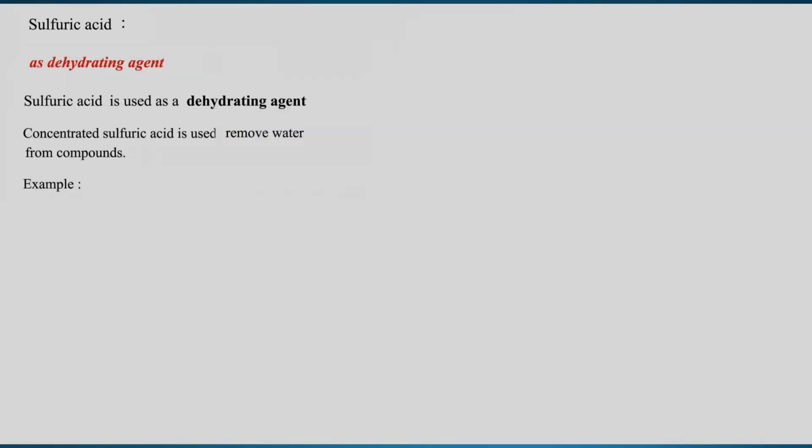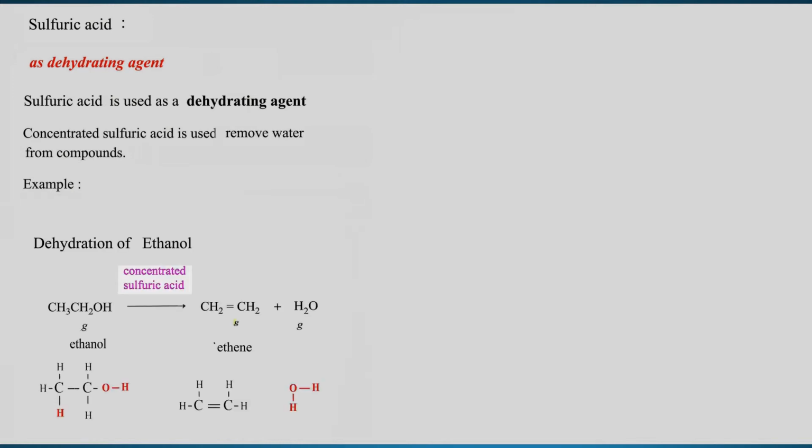Sulfuric acid, in a highly concentrated form, is a dehydrating agent. For example, dehydration of ethanol, which we learned in an earlier topic. Ethanol, under concentrated sulfuric acid, will turn into ethene and water is removed.